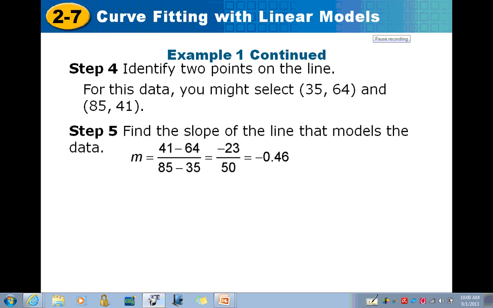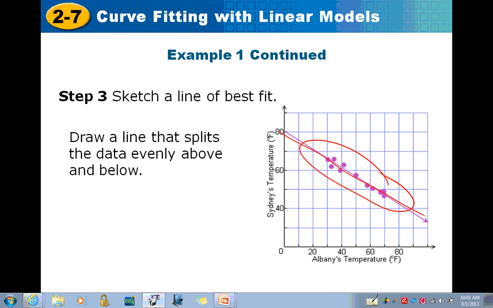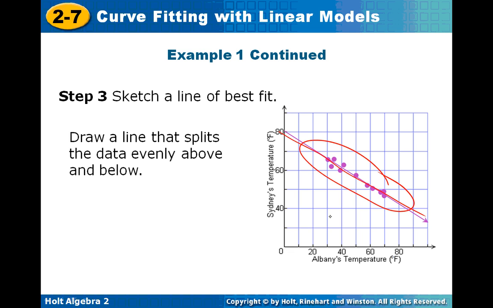Now for the challenging part. We have to identify 2 points that are on that line we just sketched. For this data, they select (35, 64) and (85, 41). So (35, 64) is about here, and we go up, so they pick this point, and then they pick one of these over here.